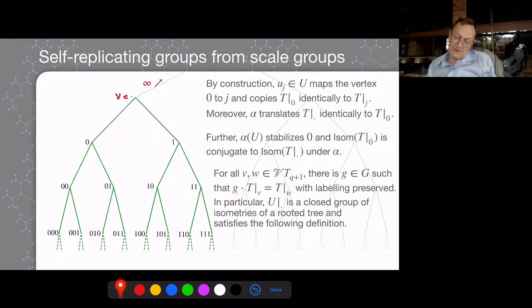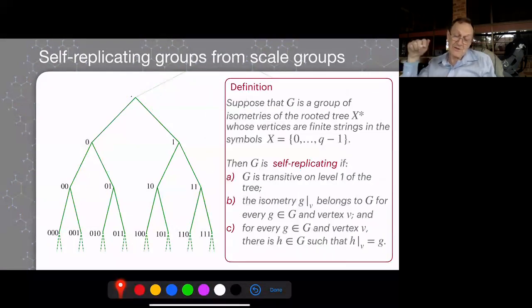And in particular, the group restricted to this subtree is a closed subgroup of isometries of the rooted tree, and it satisfies this definition. And this now is a definition of a self-replicating group.